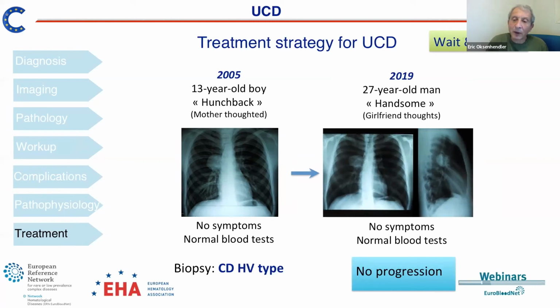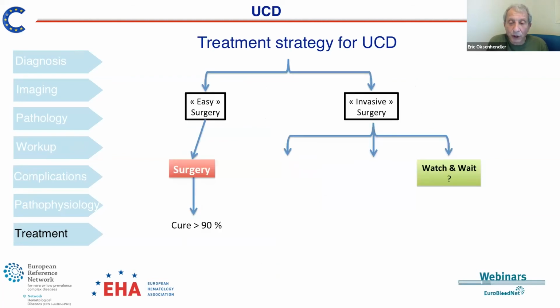At that time, he was handsome, as said by his girlfriend. And as you can see, there was no progression at all regarding the volume of the mass. The chest X-ray was exactly the same as 14 years before. And he has still no symptoms and normal blood test. So yes, definitely wait and watch is a possible option in such cases.